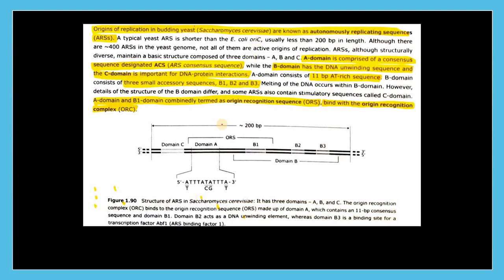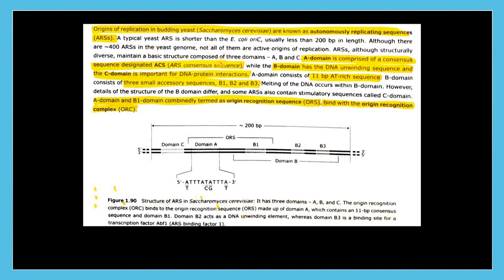When you compare this sequence with OriC, it's shorter, usually less than 200 base pair. That was about 245 base pair, right? So it is less than 200 base pair, although there are 400 ARS in yeast genome, because they are repliconic, right? So they have more than 400 autonomously replicating sequences.